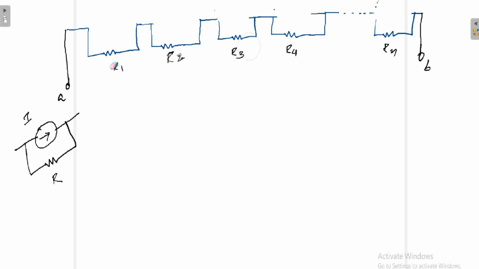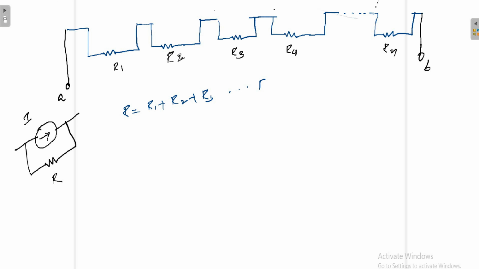Tell me how they are all in series? Because R1 is connected to R2, connected to R3, connected to R4. So they are in series. So here R is equal to R1 plus R2 plus R3 through Rn.